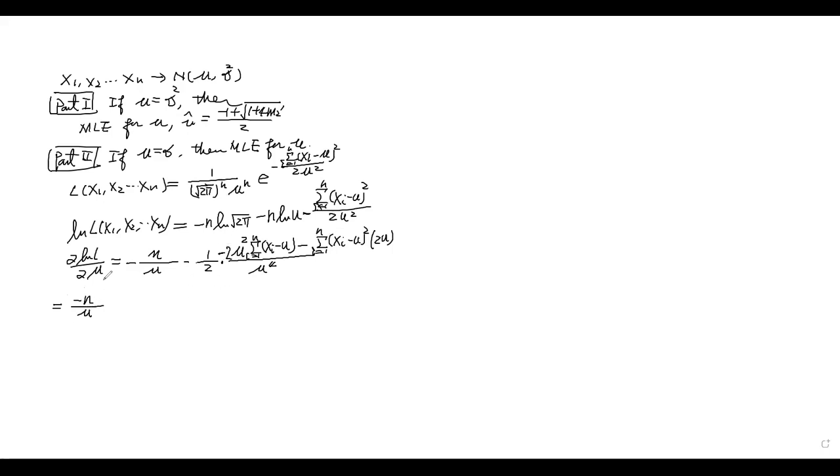So in here, I'm going to simplify a little bit, to make the calculation a little easier. Both terms have 2 mu, so I'm going to take the 2 mu out.